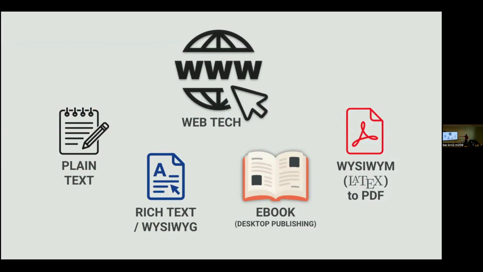Obviously, emailing around a Word document is insufficient. There's desktop publishing software we could use, like Adobe InDesign, to make an ebook and have full control over very specific bits about the layout. We could use LaTeX, but user friendliness isn't really there, or Adobe FrameMaker would be a similar WYSIWYM tool. But we think the clear winner in this space is web technologies.